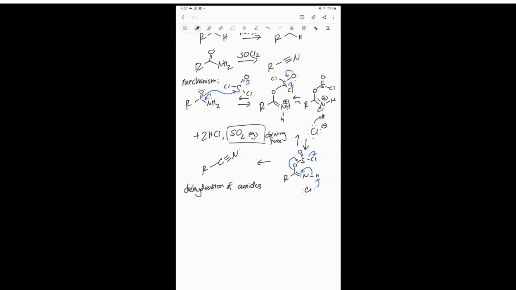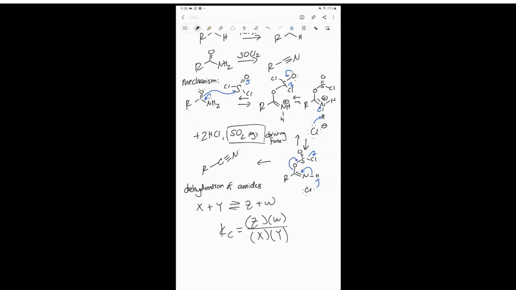So recall that if we have, I don't know, X plus Y, any sort of equilibrium reaction has an equilibrium constant, and that is always constant at a given temperature.